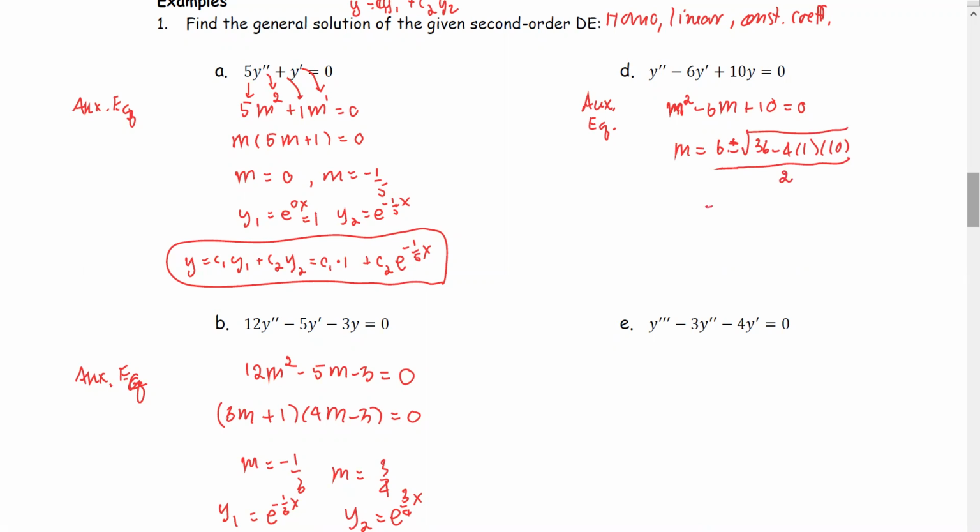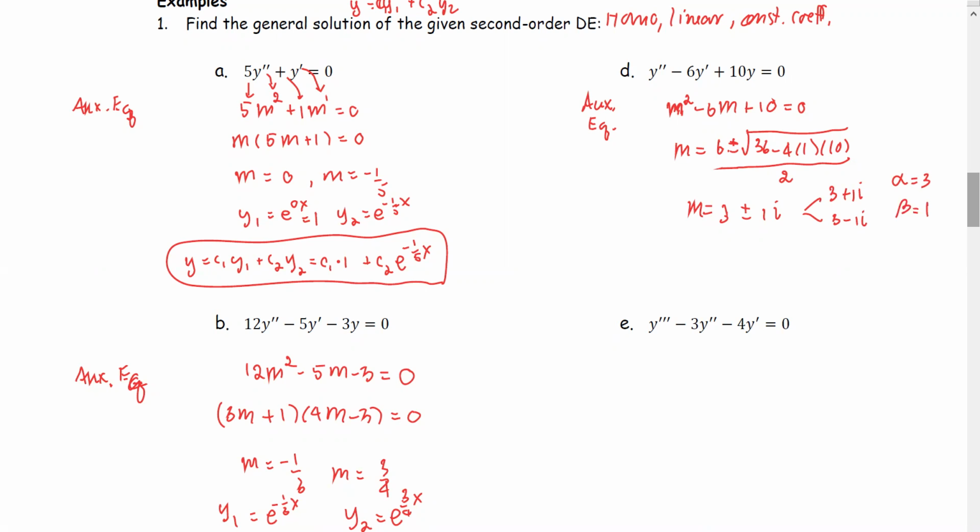Now we get m equals 3 plus or minus 1i. We have two complex conjugate roots, which are 3 plus 1i and 3 minus 1i. Now you can see that alpha, the real part, is 3. The beta, which is the imaginary part, is 1.